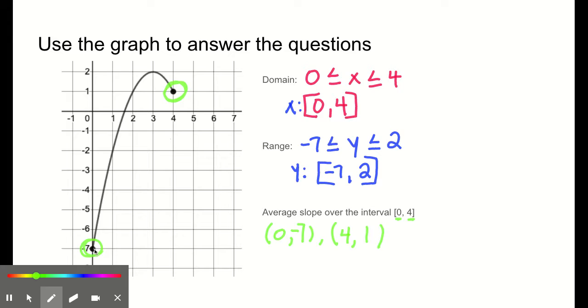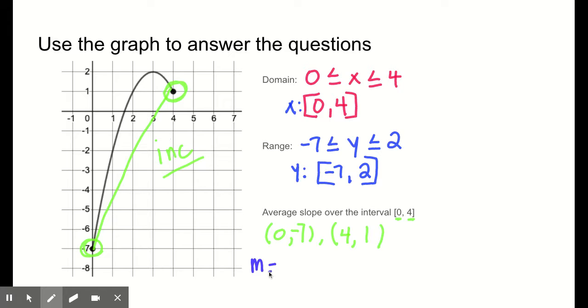So if I were to draw a line between these 2 points, notice that my line is increasing as it goes to the right, which means that my slope should be a positive number. So when I take my values and I plug them into slope formula, I should get a positive value out of that. So we're going to use slope formula. Remember that is m equals y2 minus y1 over x2 minus x1. So I'm going to label my points.